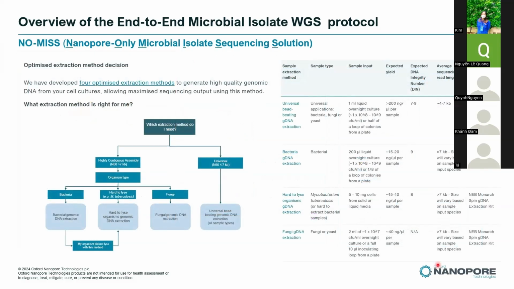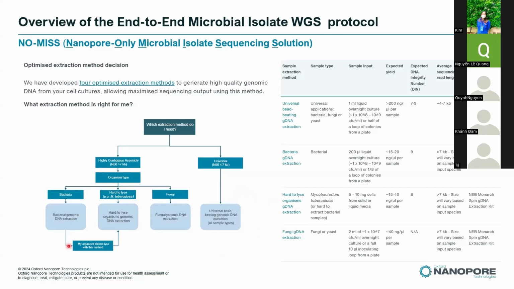So let's look at the sample preparation. We have developed four optimized extraction methods to generate high quality DNA from your cell cultures. It depends on whether you are looking at a universal application on bacteria, fungi, or yeast. Then you can follow this extraction method to get an average sequencing read length of 4 to 7 kb.